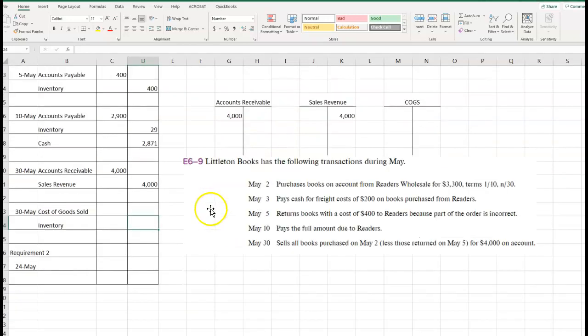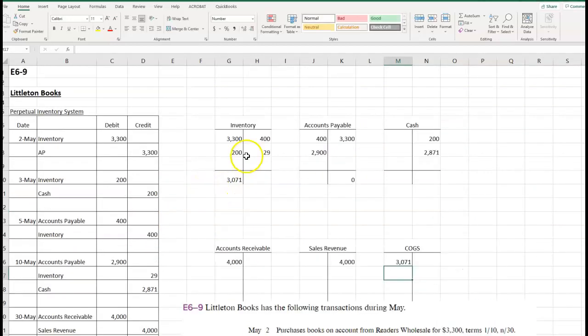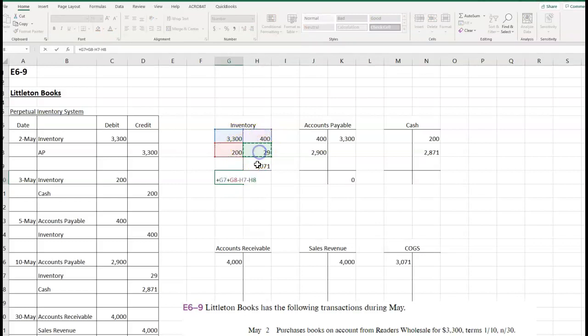So we have $3,071. And that's our cost of goods sold. And we'll post those, $3,071 here and a credit to inventory of $3,071. That leaves our balance in inventory, $3,300 plus $200 minus $400 minus $29 minus $3,071. That makes that zero. We sold it all.